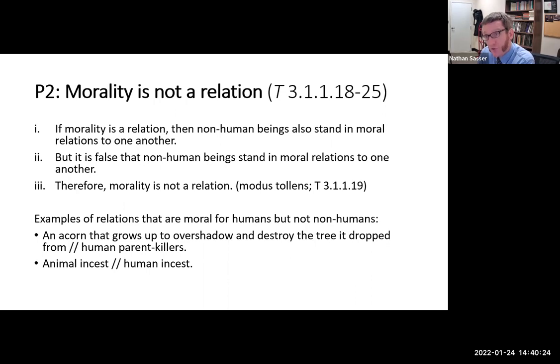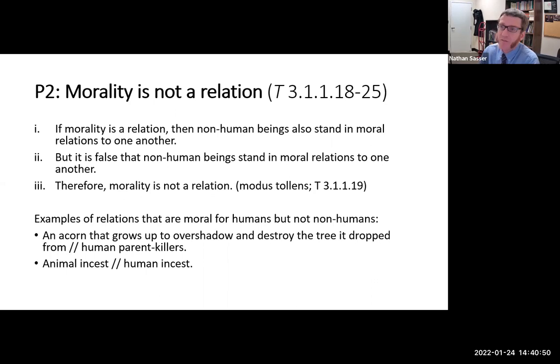Consider an acorn that drops from a tree and grows up and overtops the parent tree and blocks its sunlight and kills the parent tree. Would you say, well, the child tree is a murderer of its parent and is equally evil as a human that assaults his parents? Well, Hume thinks, no, that's crazy.